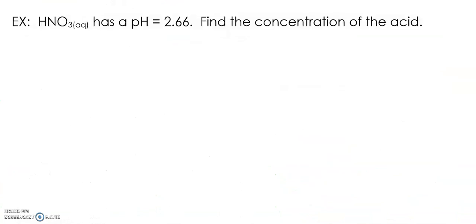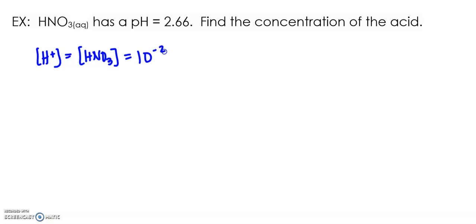Okay, so if I have HNO3, it has a pH of 2.66, find the concentration of the acid. All right, so pH is this. I'm trying to find my H plus concentration, and my H plus concentration is going to equal my HNO3 concentration, which will be 10 to the negative pH.